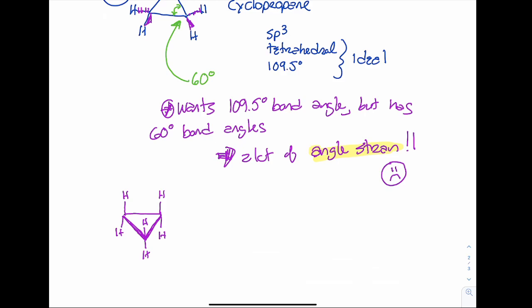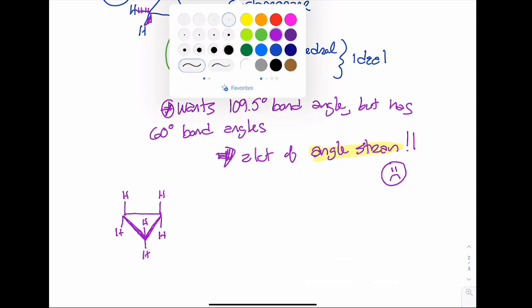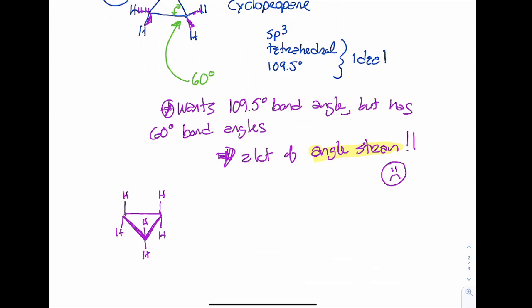So what else does this molecule have going on besides angle strain? It has 60-degree bond angles. It wants 109.5, so that makes it pretty unhappy. What else? Do you guys recognize it? It's something that we would have talked about in our last video. Yeah, if you're seeing it, it actually has torsional strain because those bonds are eclipsing each other.